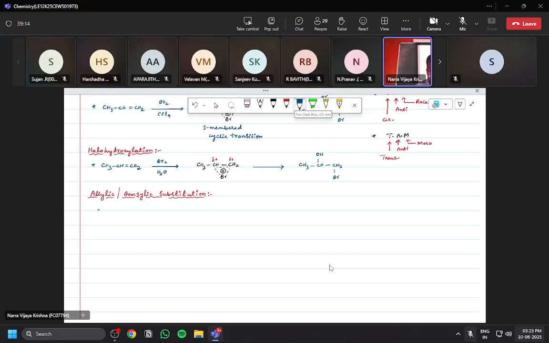Now see this, sir. Same. CH3, CH double bond CH2, allowed to react with NBS. What is this NBS? N-bromosuccinimide.